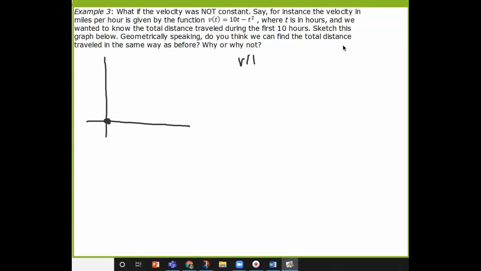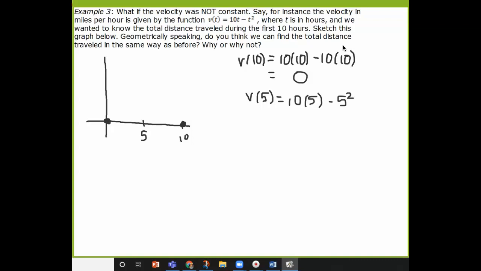At v of 10, it would also be at 0. And my vertex would thus be at 5. So to know our max height, we would maybe want to find v of 5. So my graph is a parabolic curve.